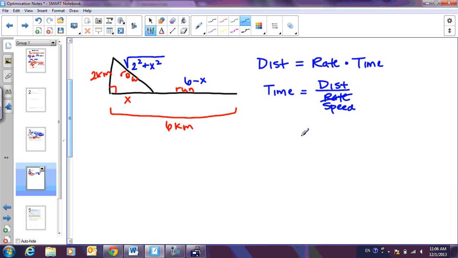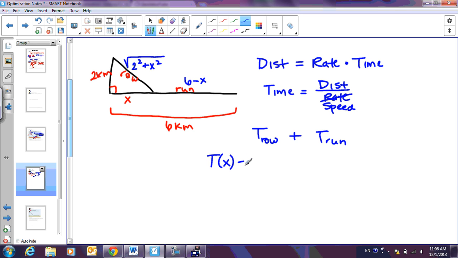All right, so we've actually got two different times to consider. We've got the time it takes to row, and we've got to add that to the time it takes to run, because they're different. They're different distances, they're different speeds. So here's our expression.